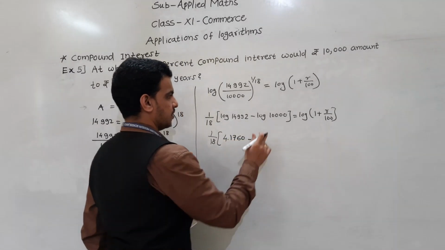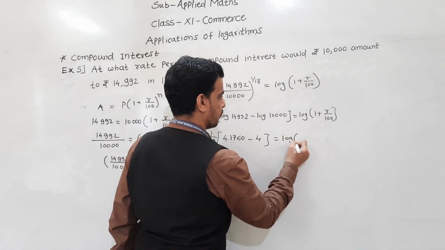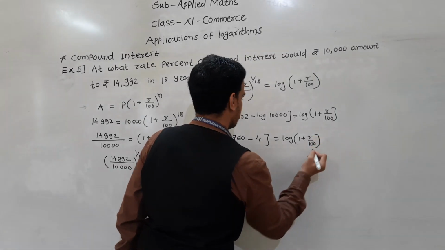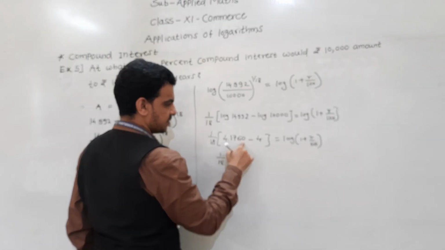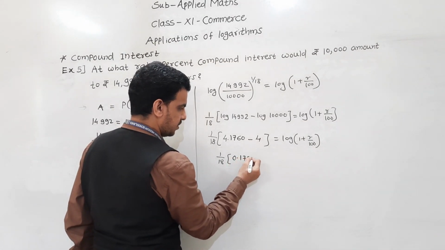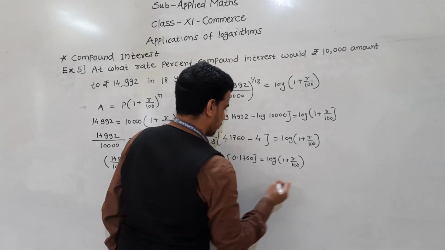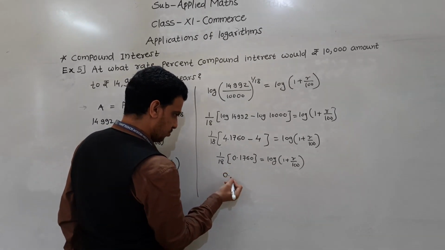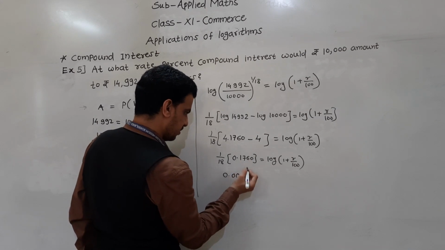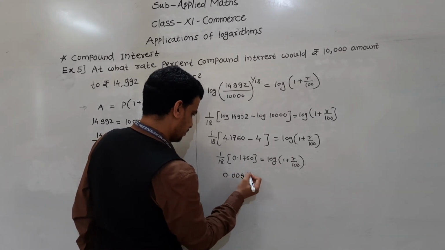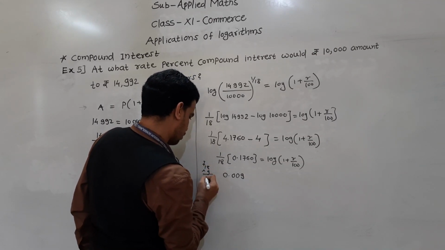So 1 by 18 into 4.1760 minus 4, since log of 10,000 is 4, is equal to log of 1 plus r by 100. So 4.1760 minus 4 is 0.1760 is equal to log of 1 plus r by 100. Now we have to divide this. It is 0, again 0, then 18 nines are 162.